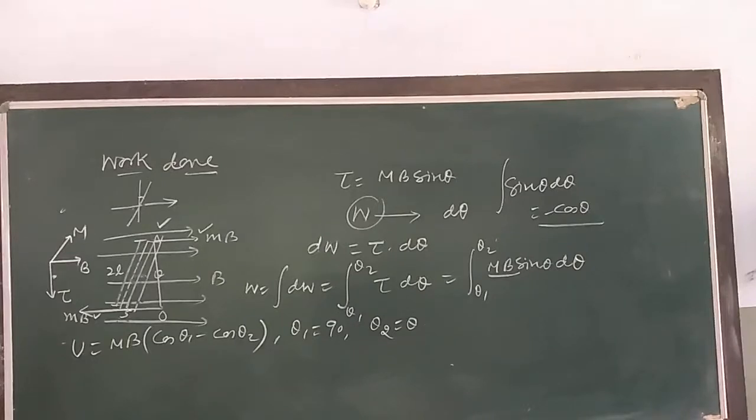Now put here U is equal to W of theta minus W of pi by 2.